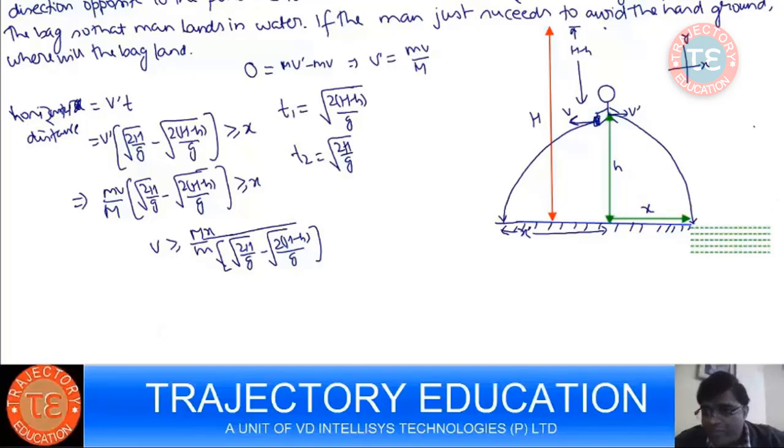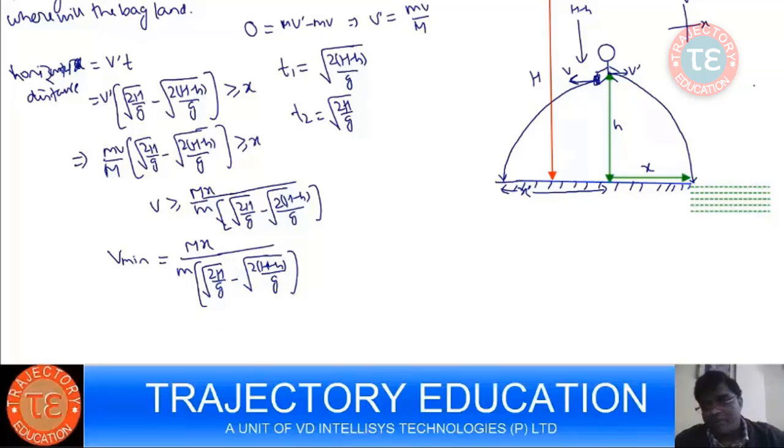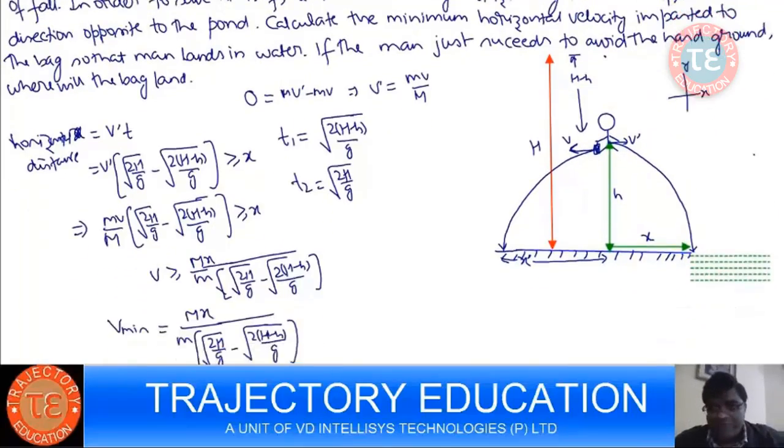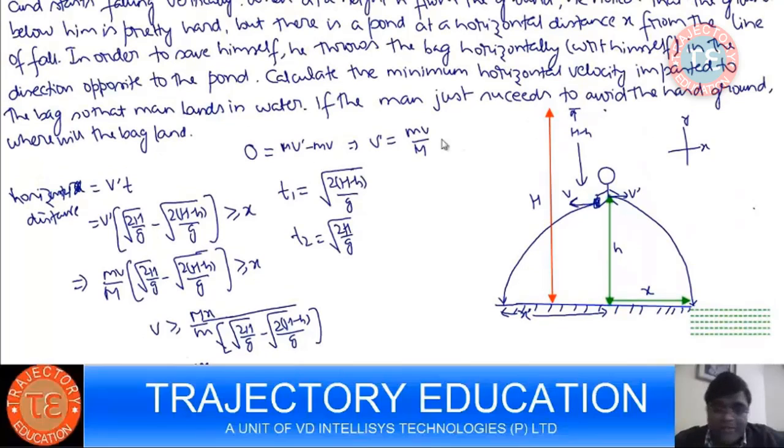So the minimum velocity which must be imparted to the bag is Mx upon m times the inverse of that time expression, and this is the minimum velocity which must be imparted to the bag so that the man is safe.